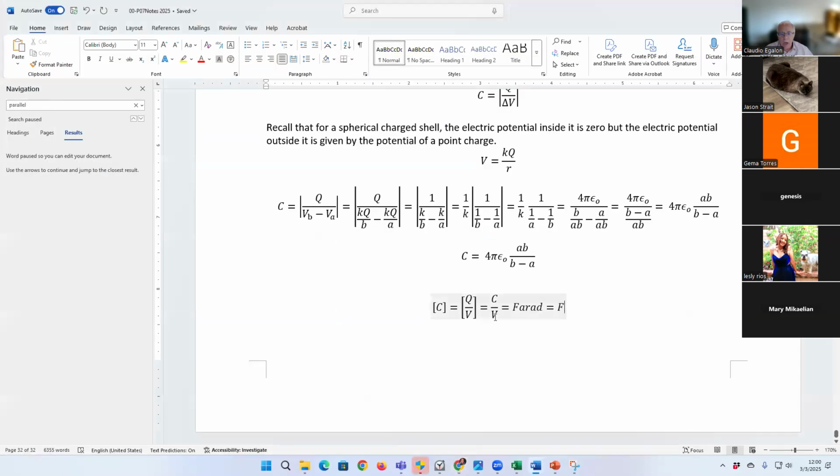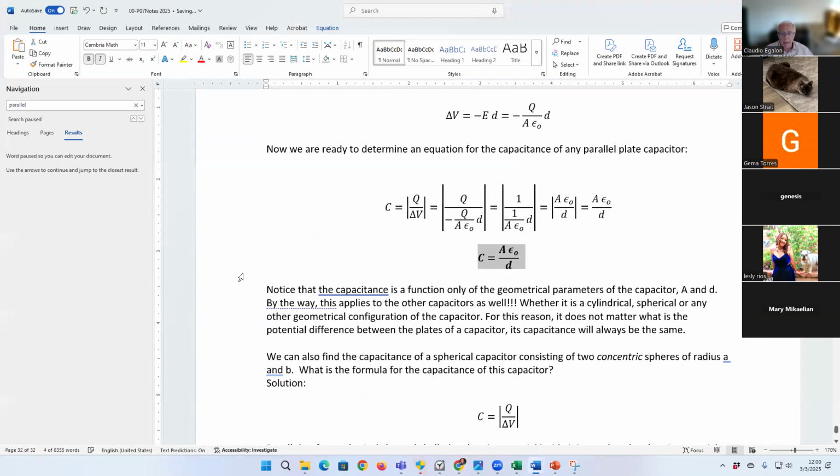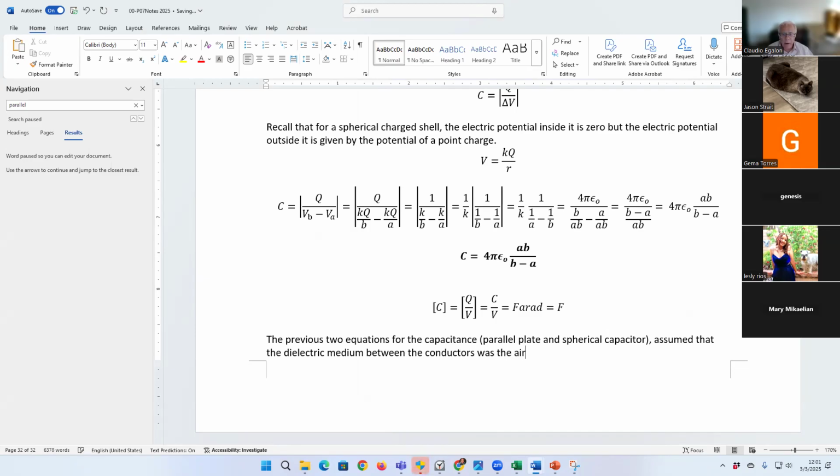When we got this equation, and this other equation, the previous two equations for the capacitance, parallel plate and spherical capacitor, assumed that the dielectric medium between the conductors was air or vacuum, right? Very important.